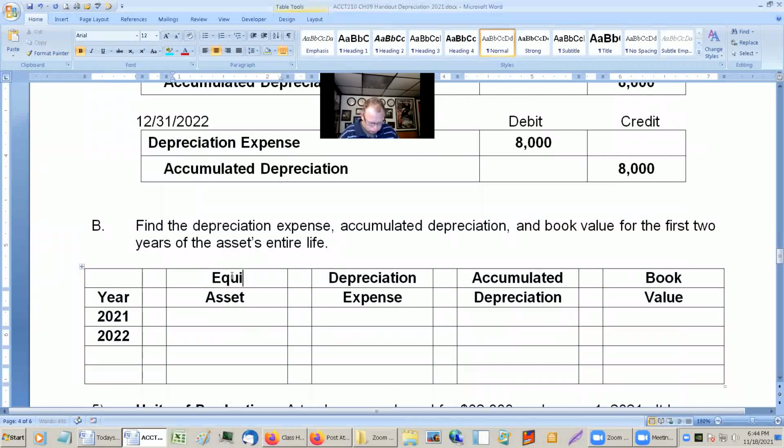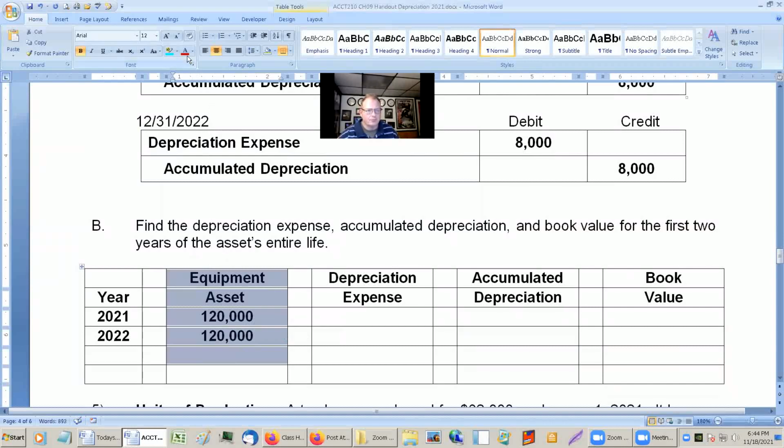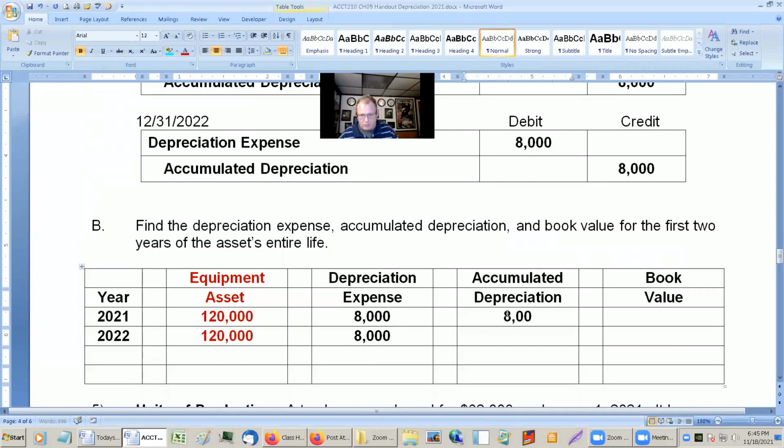Equipment. $8,000 coming off each year. The cumulative depreciation first year would be the same. Next year would be 16,000.